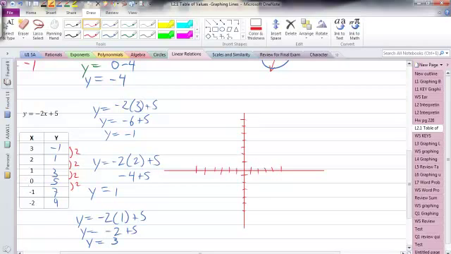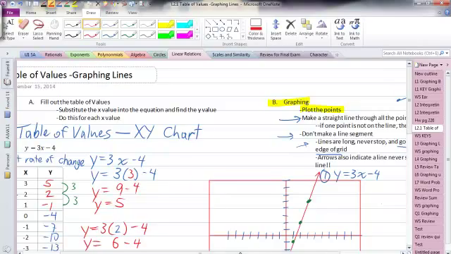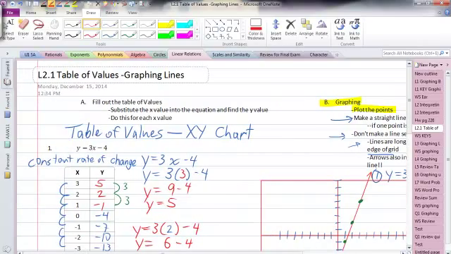Okay. No, like I was asking about the notes, like on the top, you wrote something on top of the graph, you know, what the plot... Oh, it's a constant rate of change.